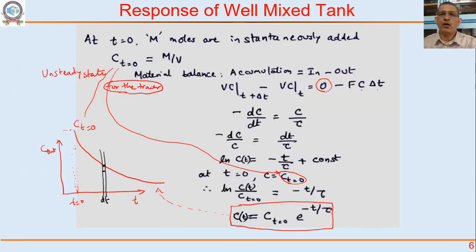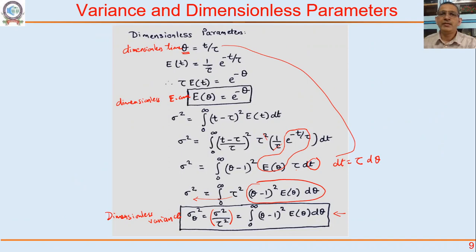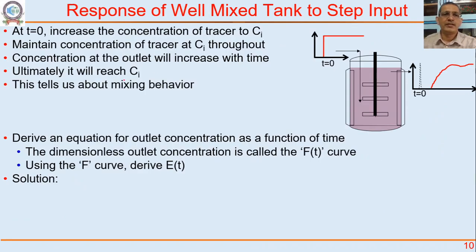Or the second option could be to do it as a step change. That means the tracer concentration, let's say it was 0 initially, we increase the tracer concentration to some value, let's say Ci, and keep that tracer concentration at Ci throughout time t greater than 0.